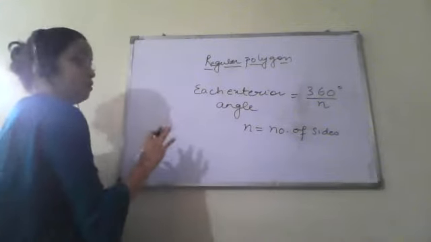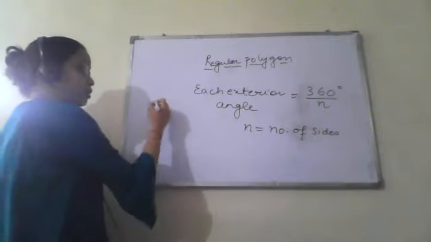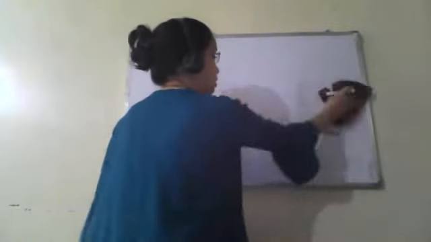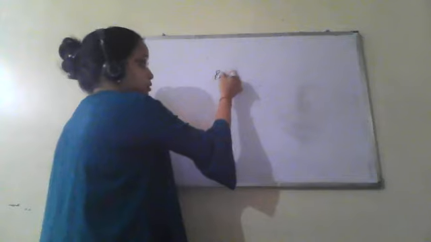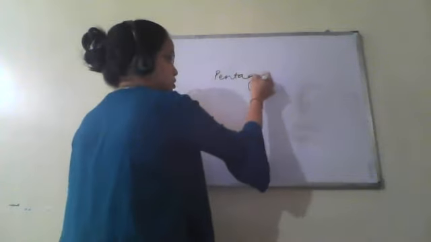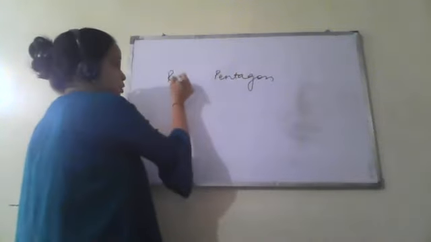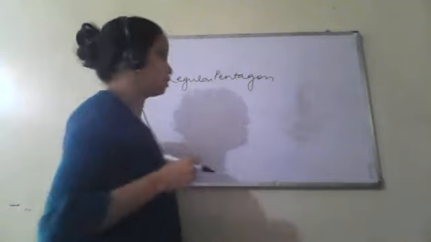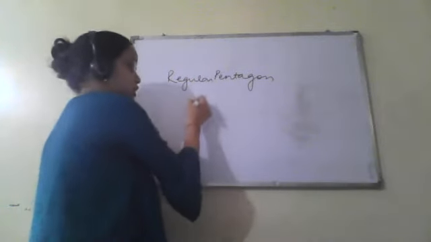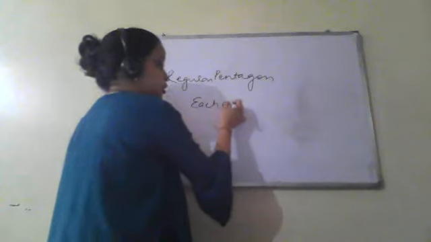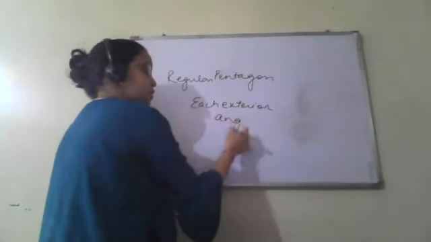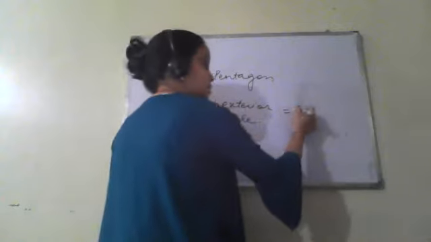Now suppose you are talking about a regular pentagon. Regular means each angle and each side of this pentagon is equal. So each exterior angle of a regular pentagon will be 360 divided by n.